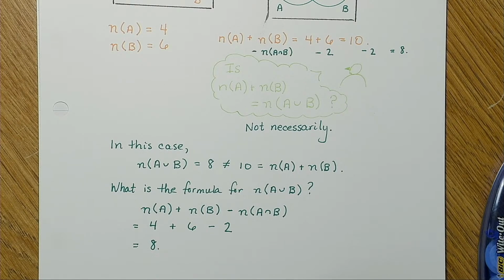If there's no overlap, yes, exactly. So it would be equal to this if the intersection is equal to 0.